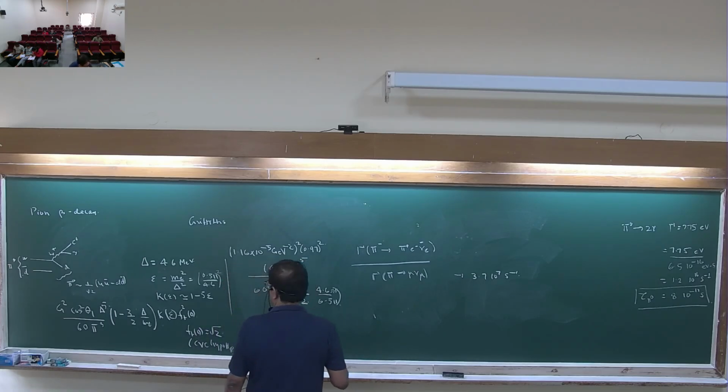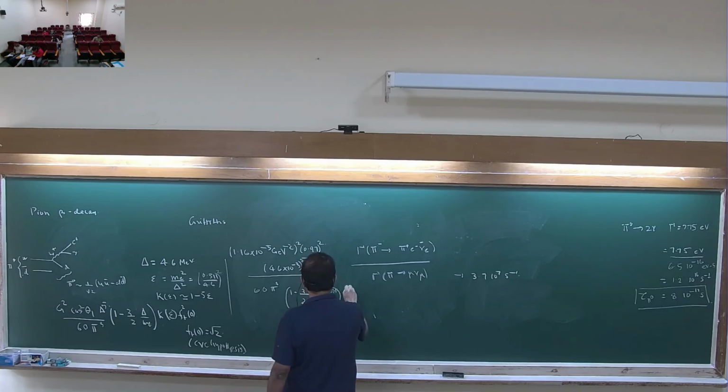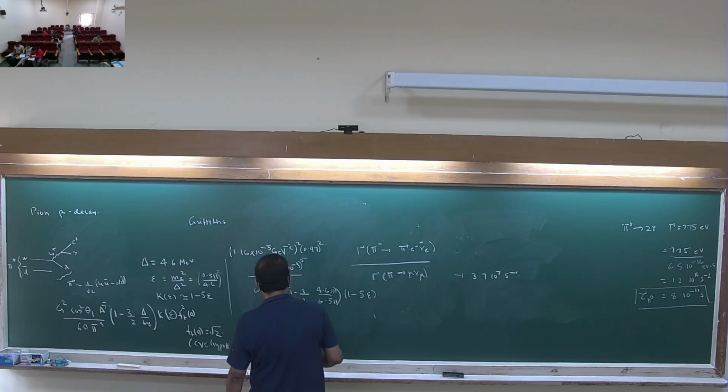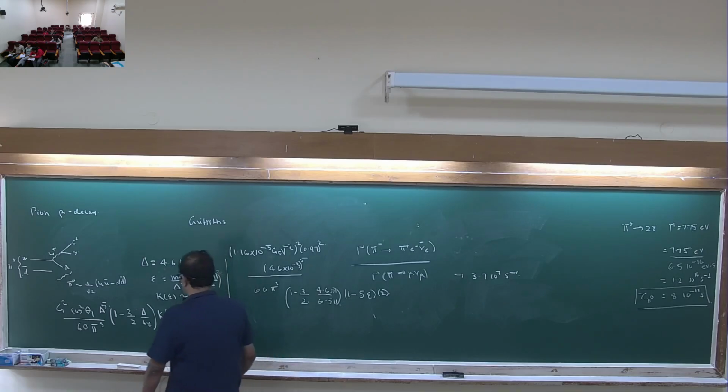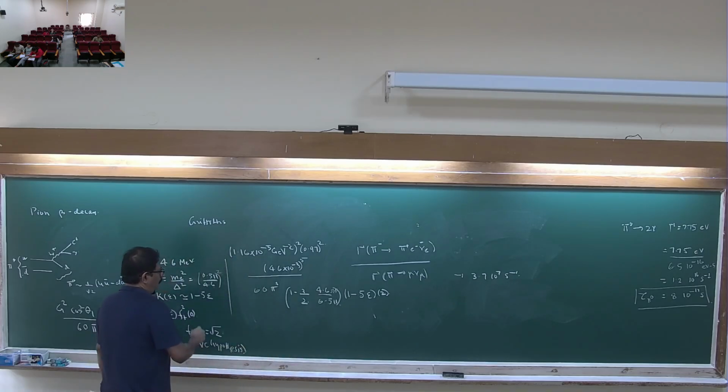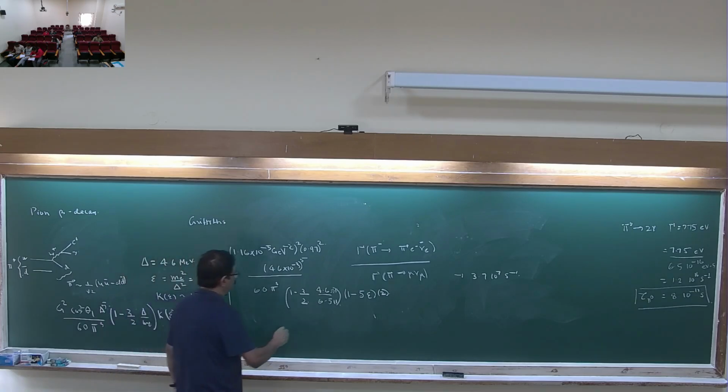Okay, so let's see here. So that is 1 minus 5 times epsilon times 2. Okay, so this is what we want. And compute this for me, please.